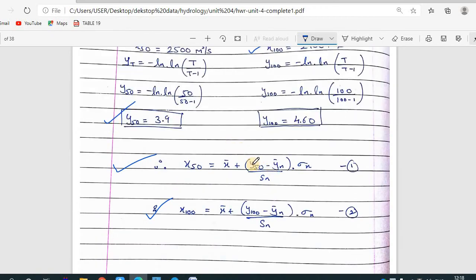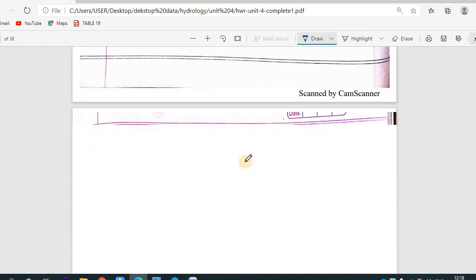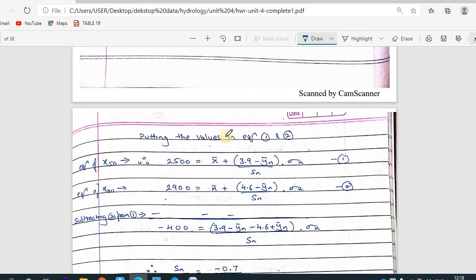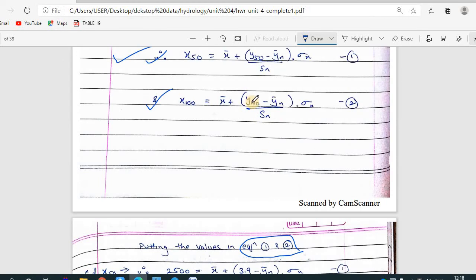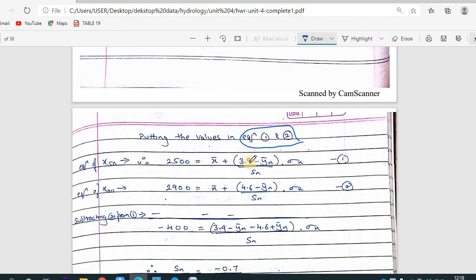Okay, so this is y50 minus y bar n divided by Sn, and in case of 100 this will be y100 minus y bar n divided by Sn. Now putting the values in equations number 1 and 2, we have got the value of y50 and the value of y100. So we'll put the values over here, 3.9 as your y50 and 4.6 as your y100.